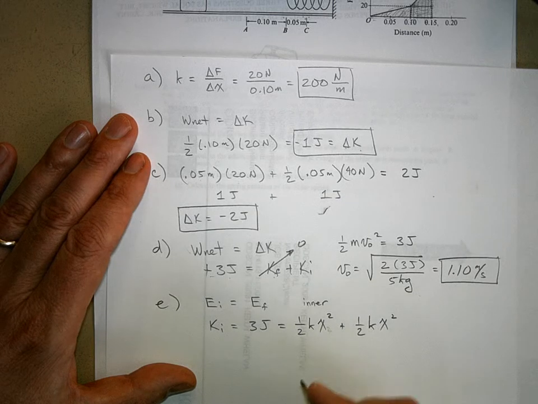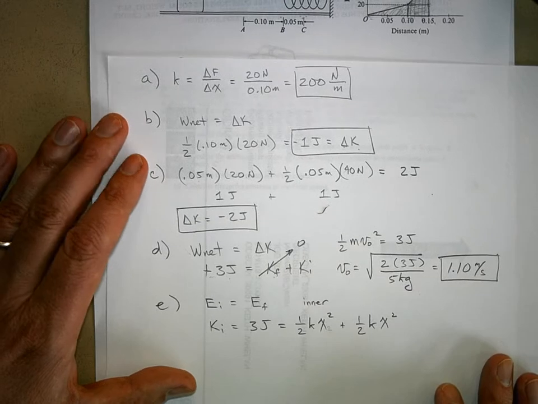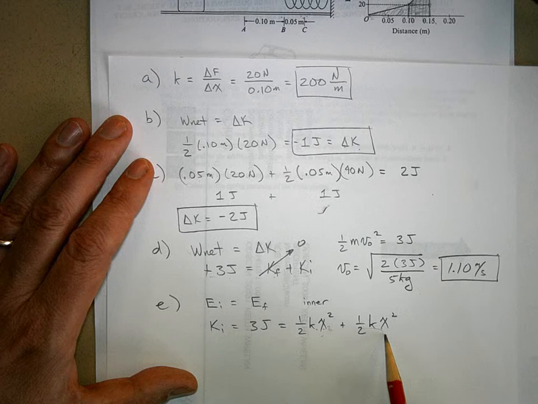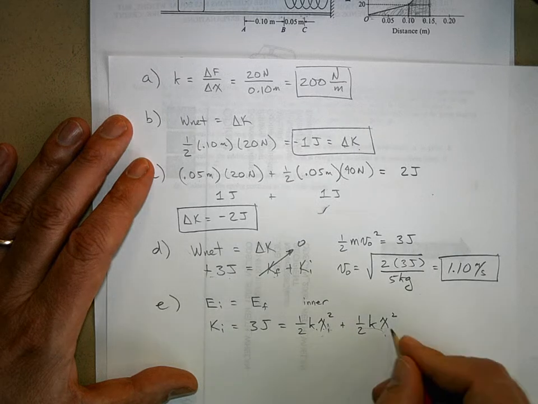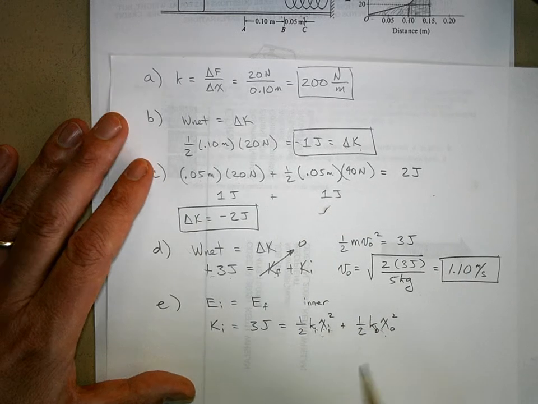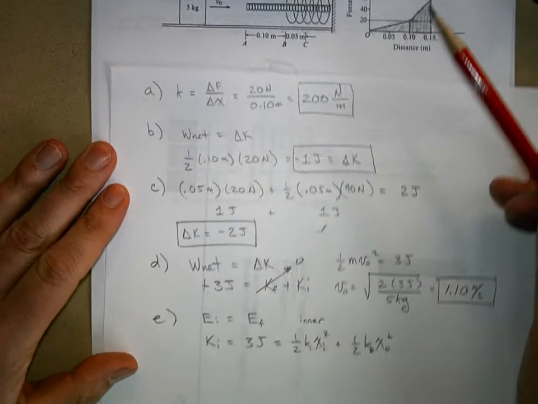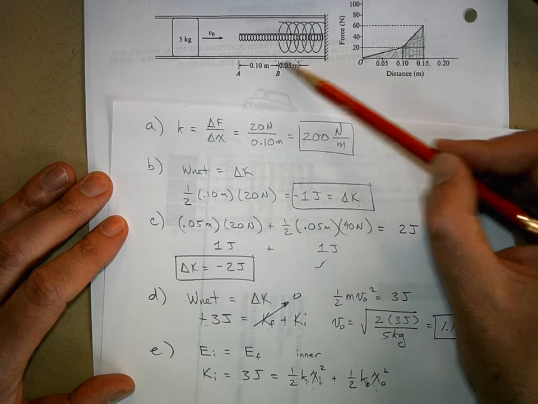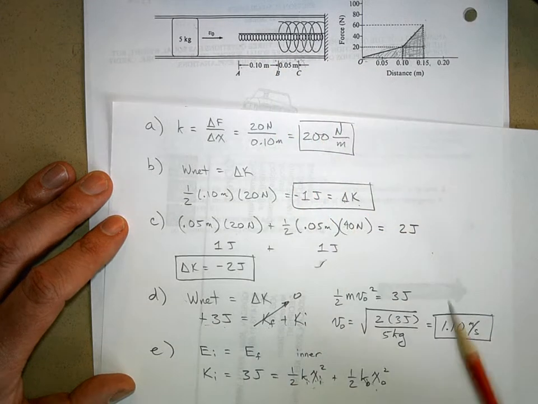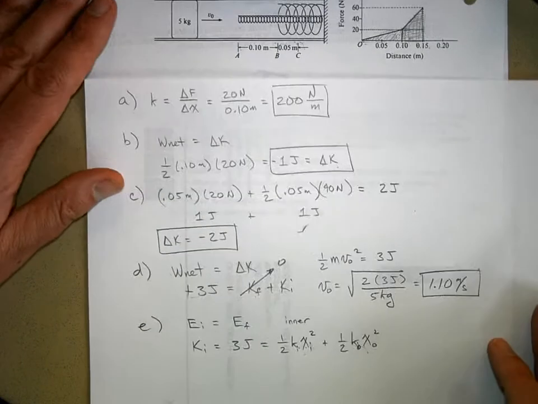These are not the same x's, though. Why are these not the same x's? Inner and outer. And this is what we're trying to find. Because this outer spring only gets compressed by 0.05 meters. The inner spring gets compressed 0.15 meters. So a lot more energy is going to be stored in that inner spring than in the outer spring.